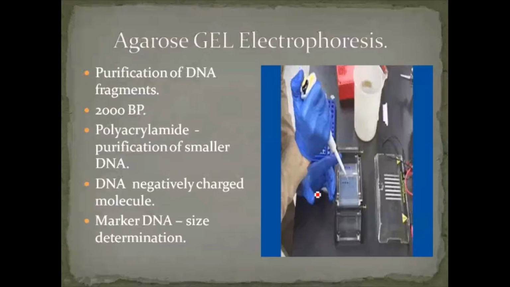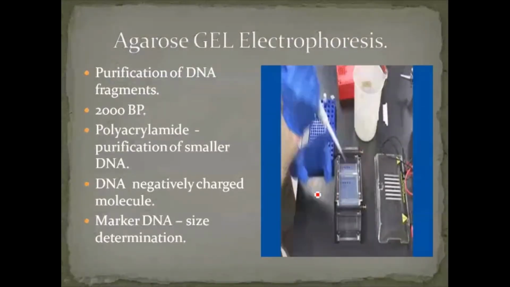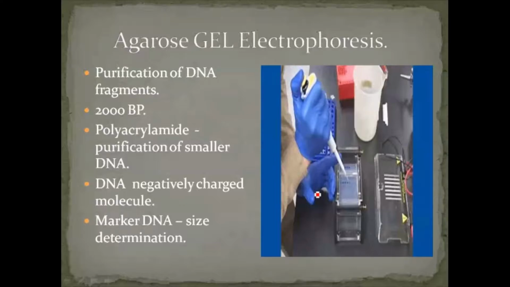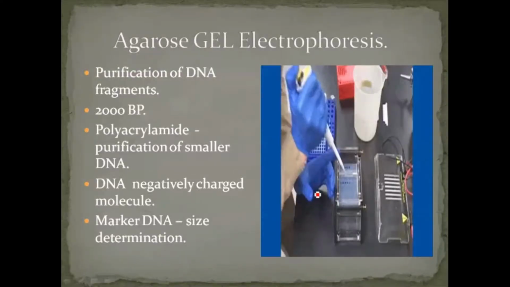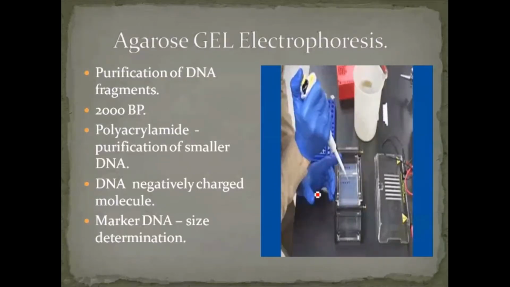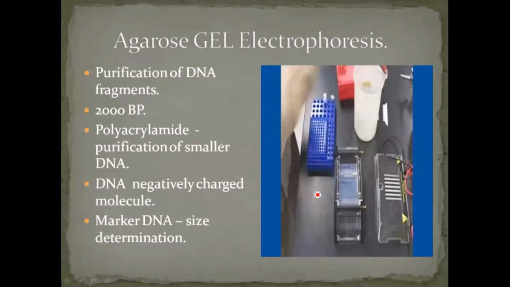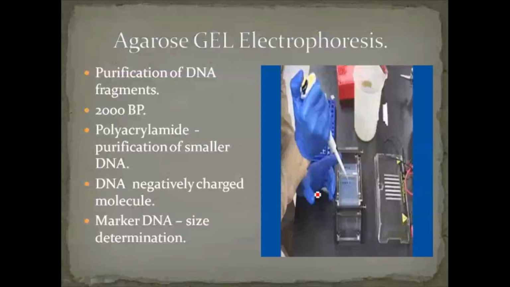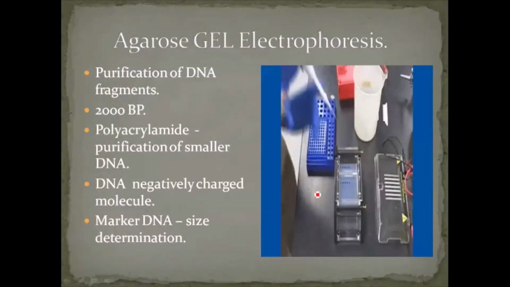Then they keep the loaded DNA in the buffer solution, and after switching on the electrophoresis machine, the buffer solution starts to move with the electric field. At that time the DNA particles also start to move from the original position toward the end of the agarose gel plate.